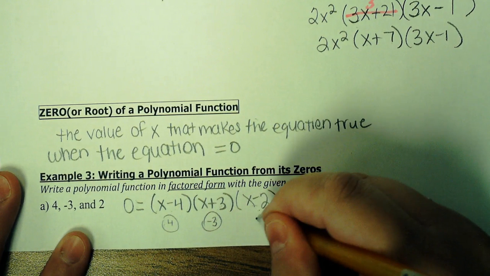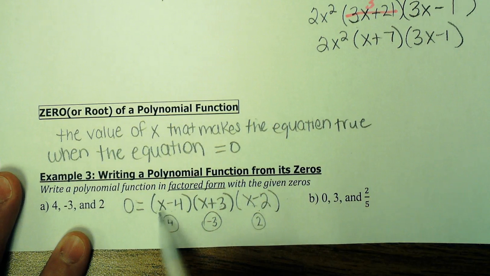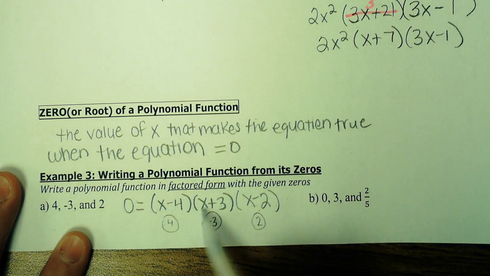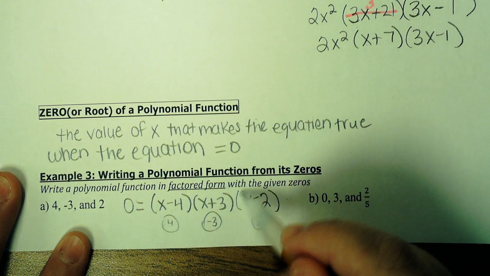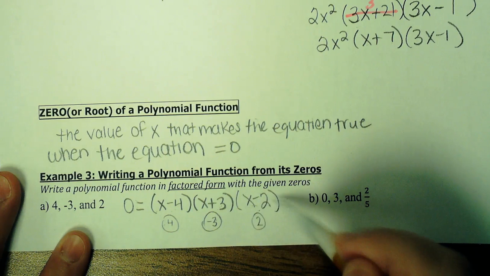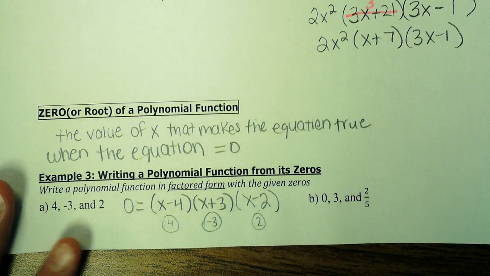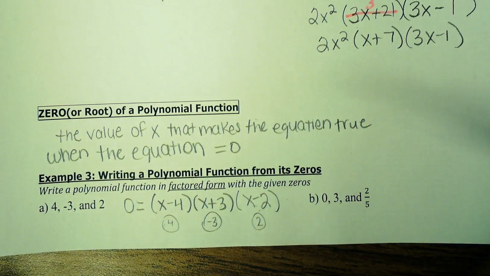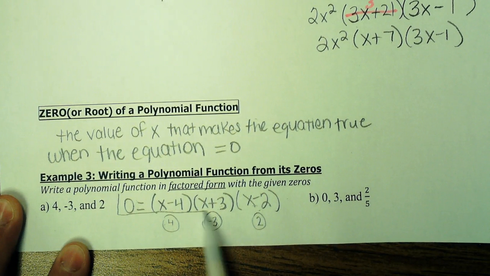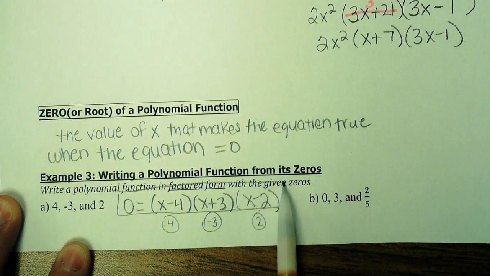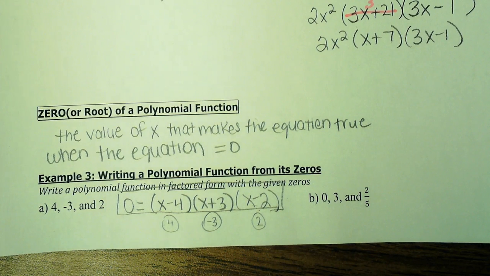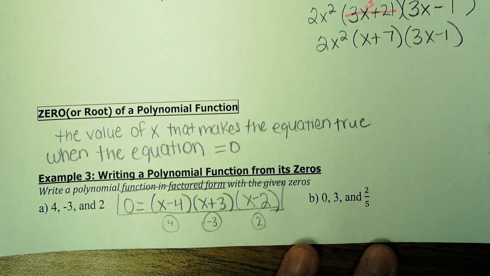And then here again, if I plug in 2 for each of the x's, this one ends up being 0, so when I multiply that, I get 0. Okay, so this would be the factored form of the equation, and I would be looking for the equal sign and the 0. So it's a little bit of an extra step from what we were just doing.